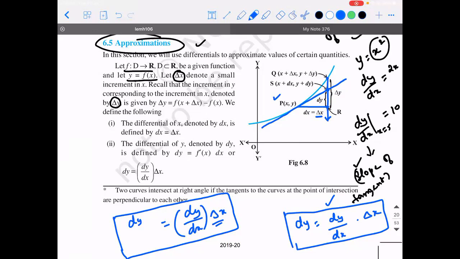Is it not x plus delta x comma y? Guys, are you able to understand what I'm trying to say? You need to observe the graph carefully. Wait, let me take this diagram.